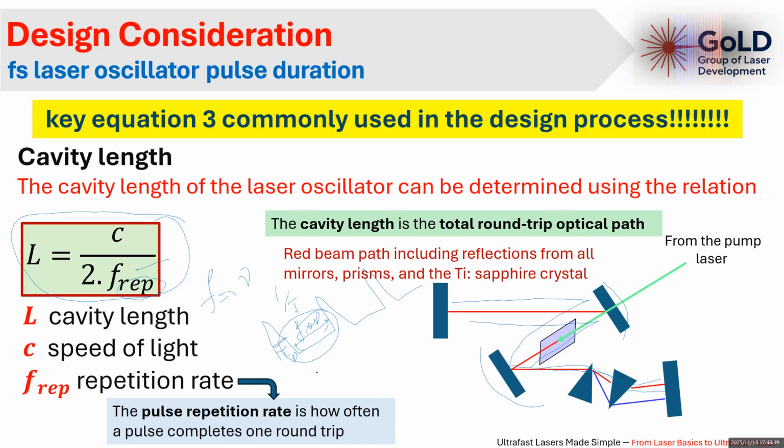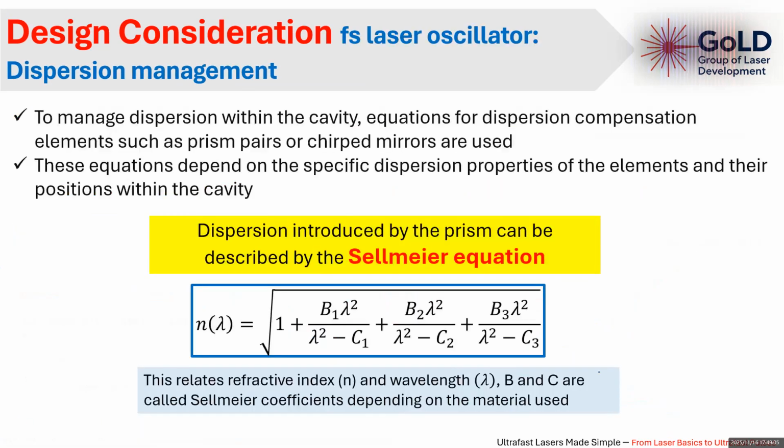That repetition rate is very important, and usually it depends on many other factors as well, which I don't feel necessary to discuss here. But in general, we take 80 megahertz, 75 megahertz or something like this. Now let's move to the next slide.